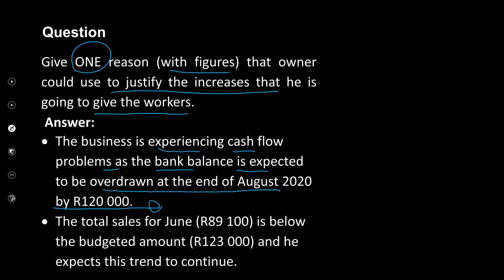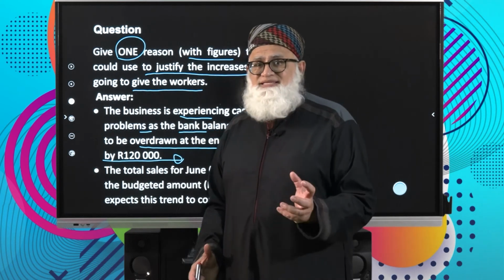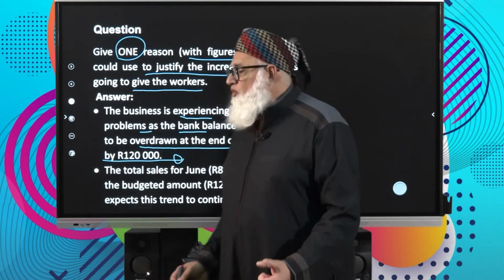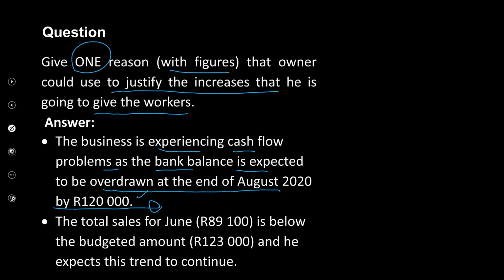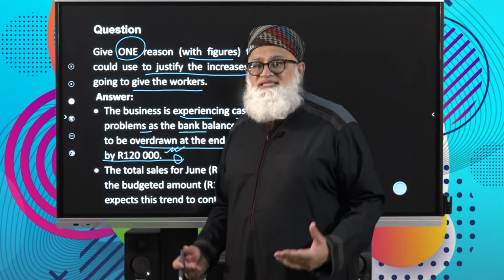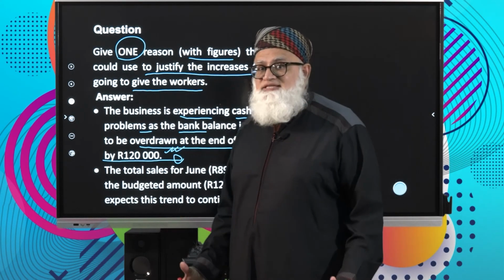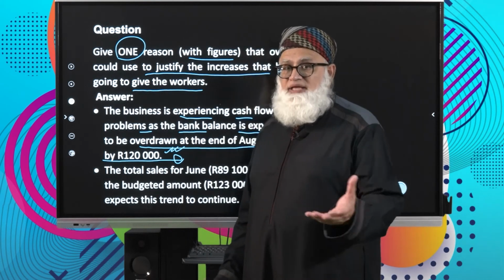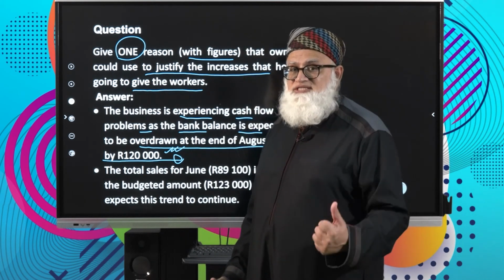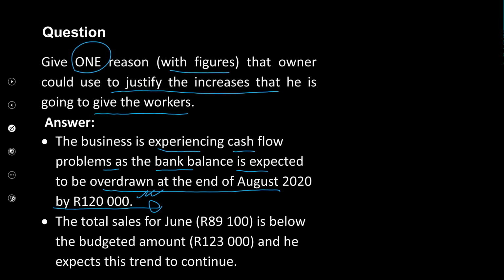Obviously, based on the information that is provided to you, because the cash flow is showing an overdraft of 120,000, it clearly indicates that the business cannot afford to give bigger increases. And as a result, they are limited to their increase, which already will result in an overdraft in the bank of 120,000 Rand. Okay, again, look at the information that is provided in the question.